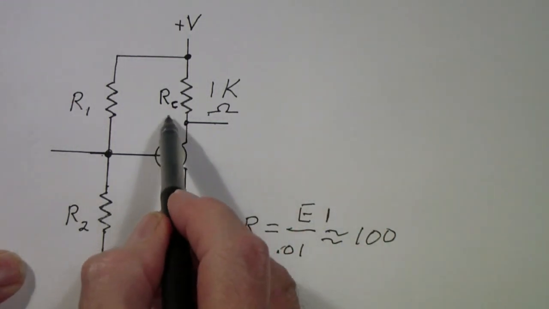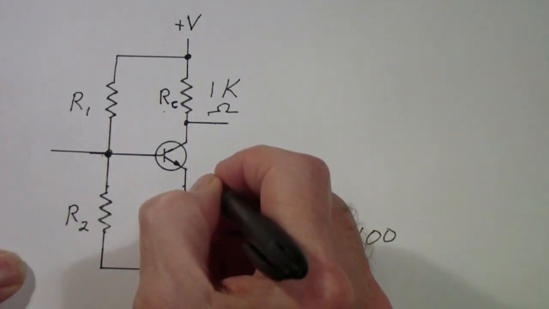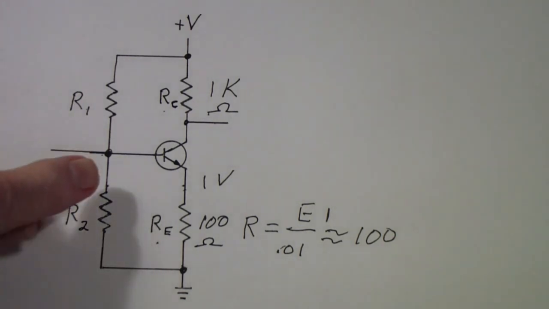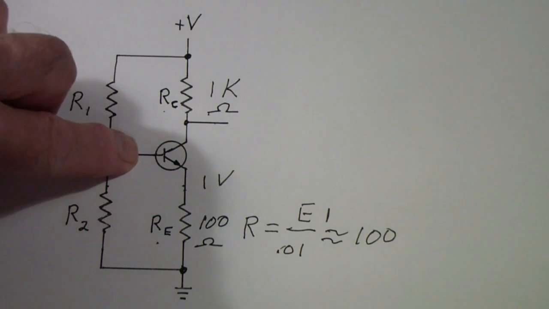So, okay, we've decided on this resistor and this resistor, and we know that we have about 1 volt here. Well, the next thing we need to figure out is how do we go about choosing these resistors? Well, the first thing we want to do is figure out what the voltage is at this point.